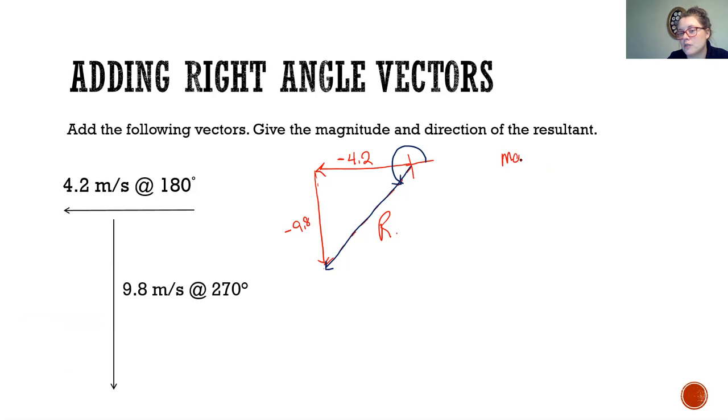So the magnitude of r is going to be equal to negative 4.2 squared. Negative times a negative gives you a positive. So if you want to leave the negative sign out in the equation, you can do that. Unless you remember to put brackets around things, it can cause a little bit of trouble sometimes, equals r squared.